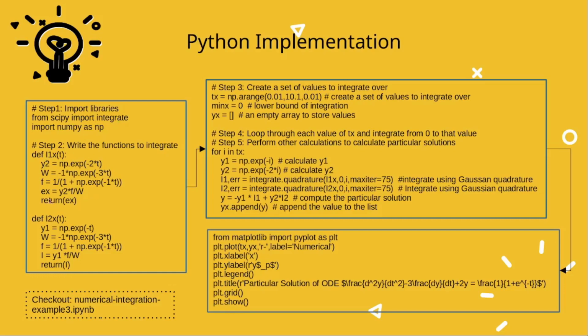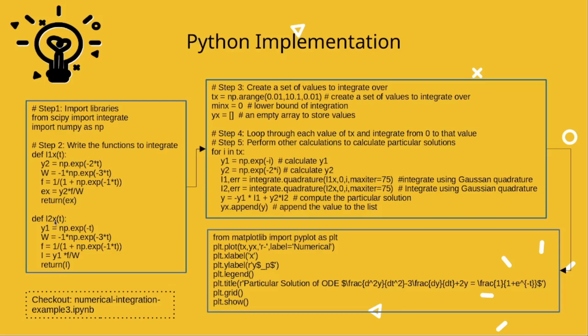I've written a function for the first integral, and recall that a function is always defined using the def keyword. My function is called I1x of t. It takes the t value and then goes into the function, calculates y2, calculates w, calculates f, and then performs what the integrand is, which is y2 times f over w, and returns that as a value.